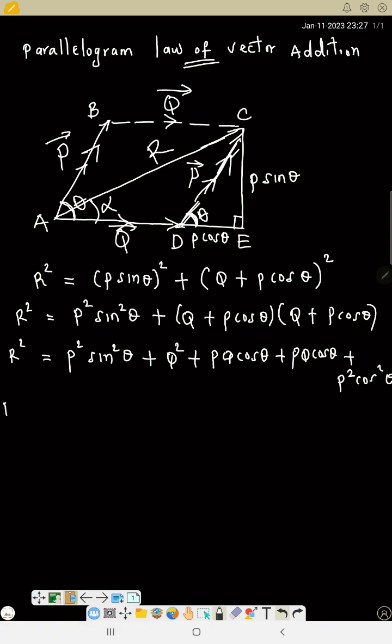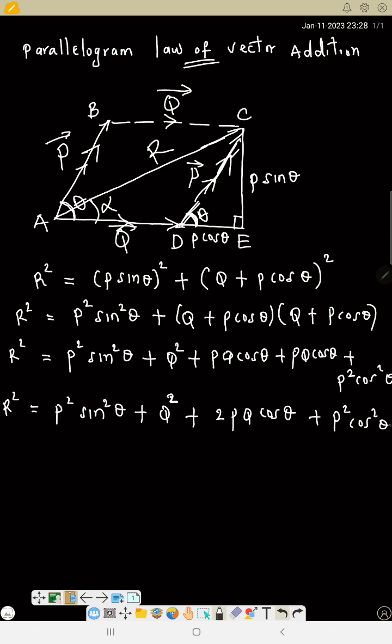So now r square is equal to p square sin square theta plus q square plus, now these two are equal, so that will be 2pq cos theta. That is pq cos theta plus pq cos theta, that will be 2pq cos theta. Then plus p square cos square theta.